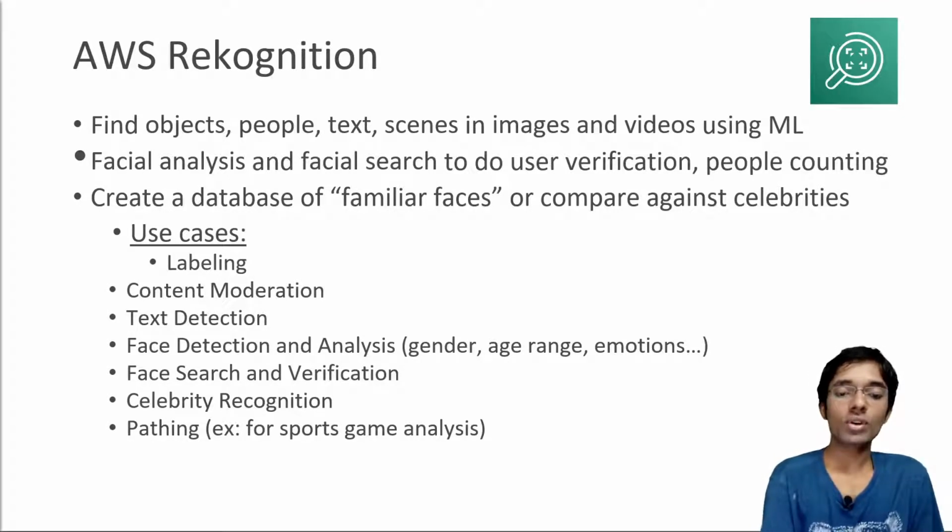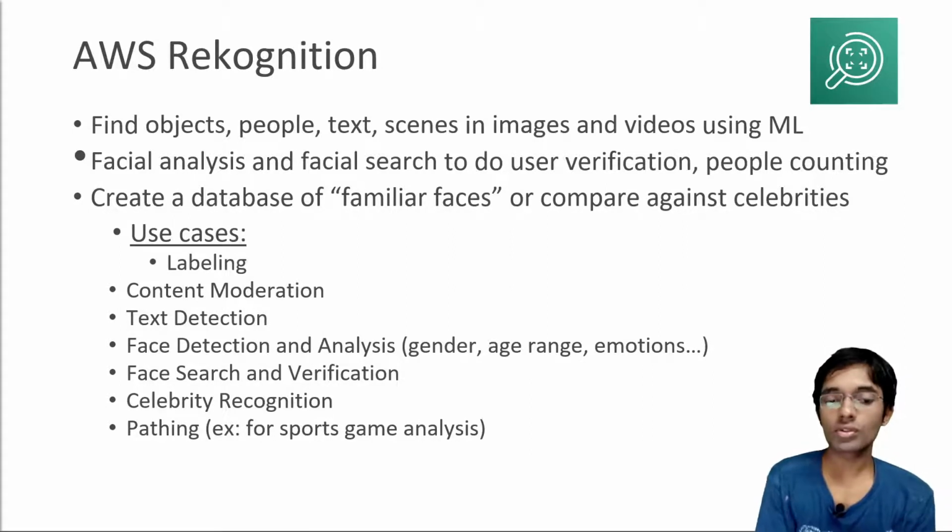So what would you use Rekognition for then? The use cases are labeling and content moderation, for example making sure that there is no graphic content in your image; text detection, in case you want to extract text out of an image; face detection and analysis, such as gender, age range, or even emotions; face search and verification for your users; and celebrity recognition.